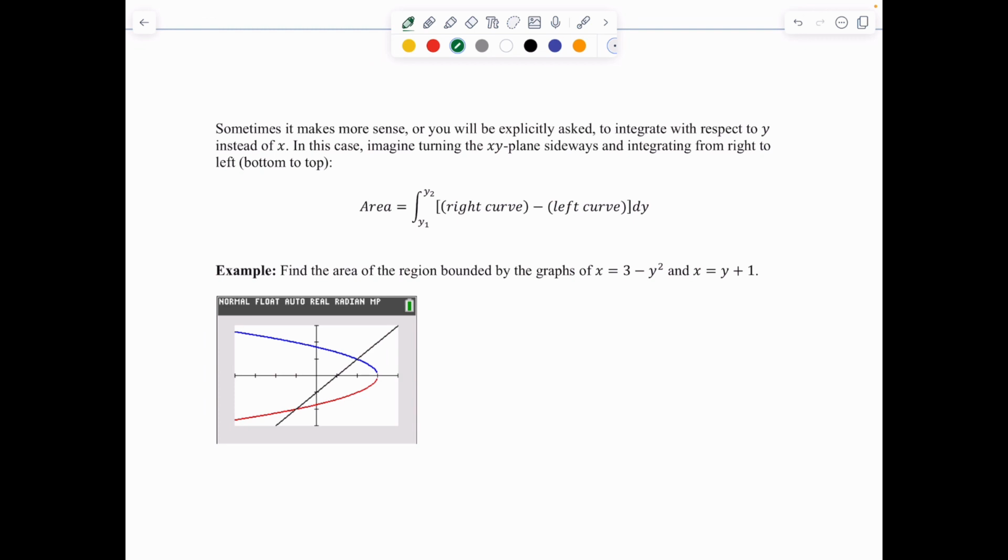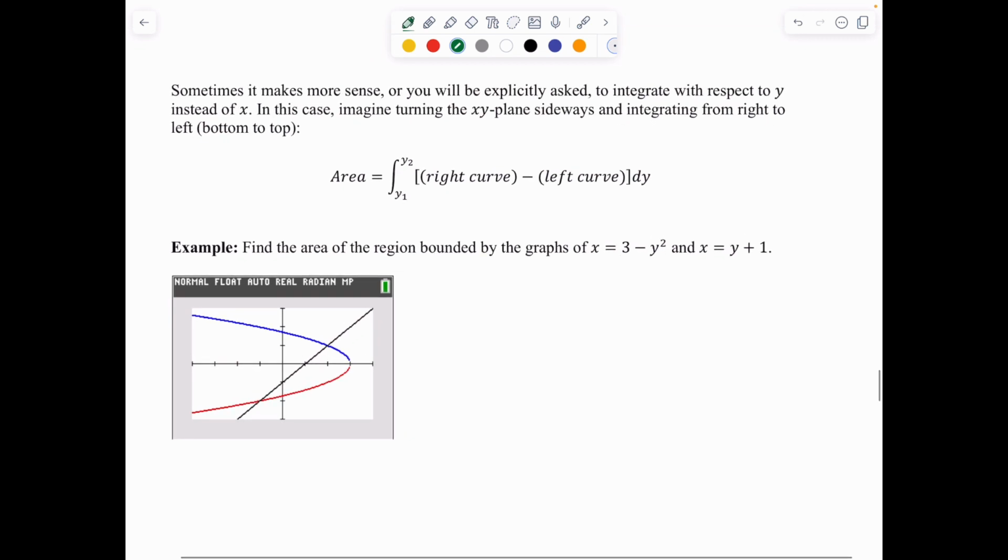Okay, so we are going to do an example now where we will find the area of the region bounded by the graphs x equals to 3 minus y squared. So that's the sideways parabola here. So this is, in order to graph on the TI, I had to split up the equations, right?